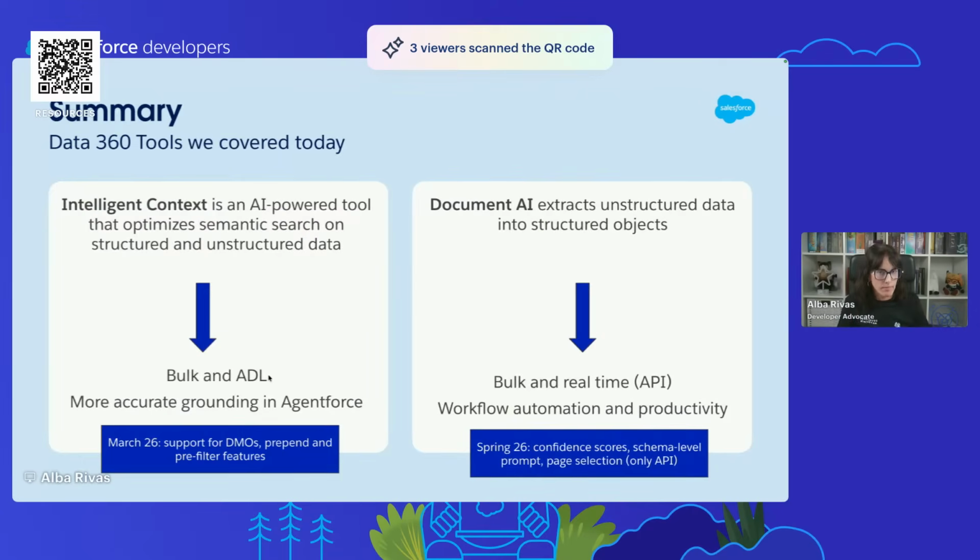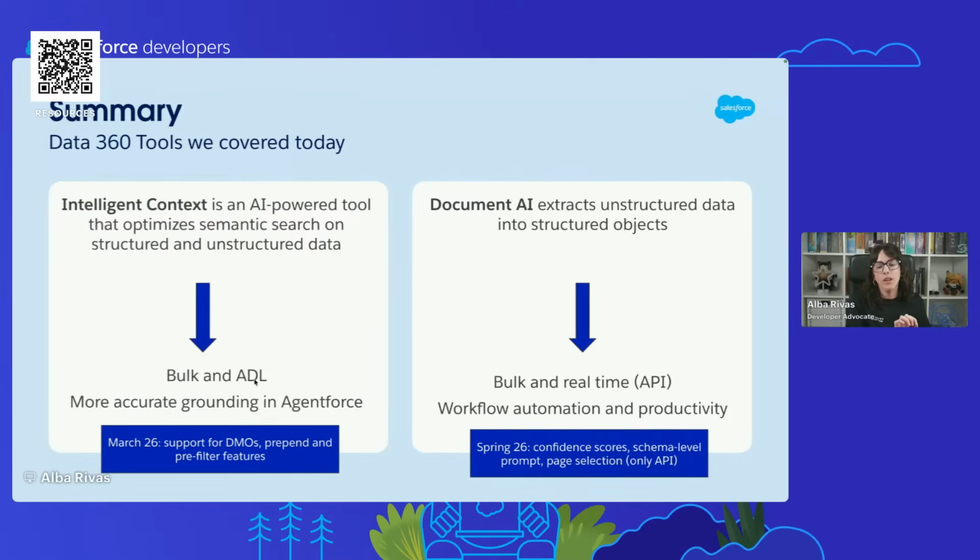So if you do it that way, know that intelligent context is acting and looking for the best search configuration so that your data is searchable in a nice way or in a more accurate way, okay? Important. And then the benefit of using intelligent context is to have more accurate grounding in your searches in Agentforce.